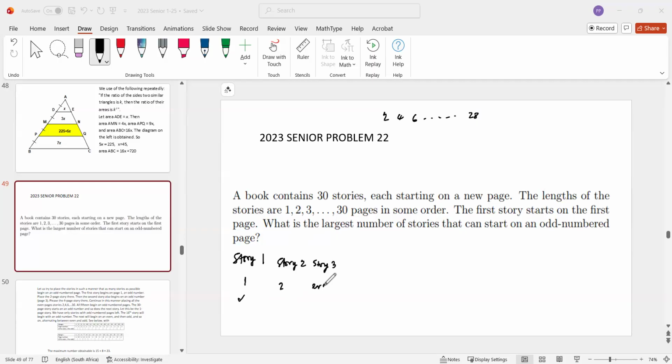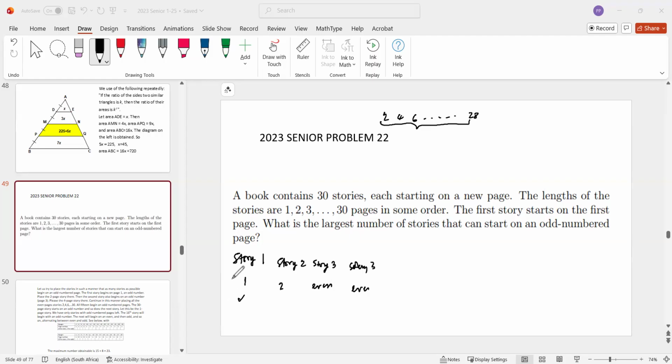Let's call this even. Story 3, even. In other words, I'm going to put these inside here. I can put, for instance, the story with 2 pages here, and then the next page, there will be 2 and 3. The next page will start with 4. That's an even start.